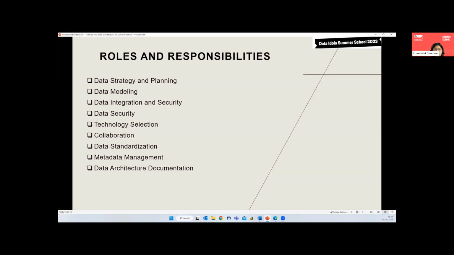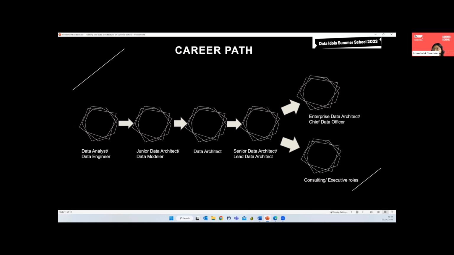Now we look at the career path of a data architect. Someone who is very new to the data field can start as a data analyst or engineer. Why data analyst or engineer? Because getting into data always starts with analyzing it: learning what data is, what information is, how to clean it, how to analyze it, how to perform EDA over it, and how to model it is the stepping stone to getting into data.